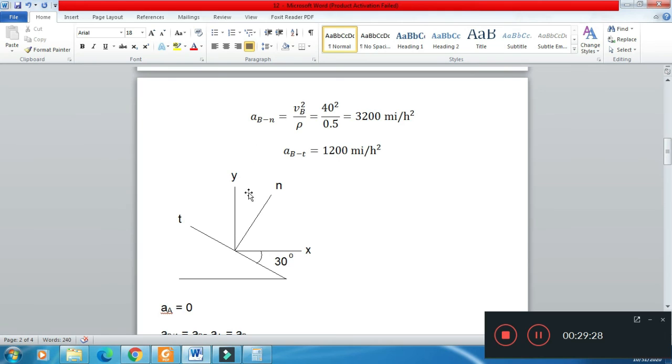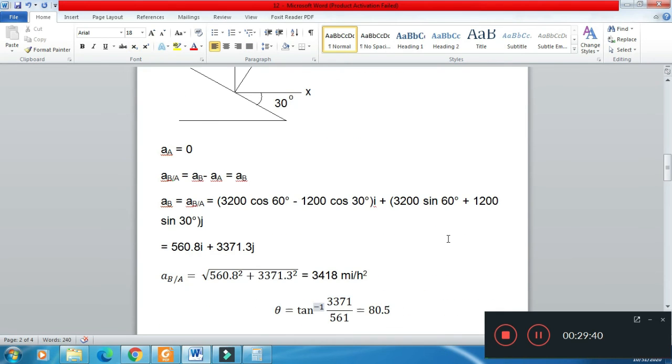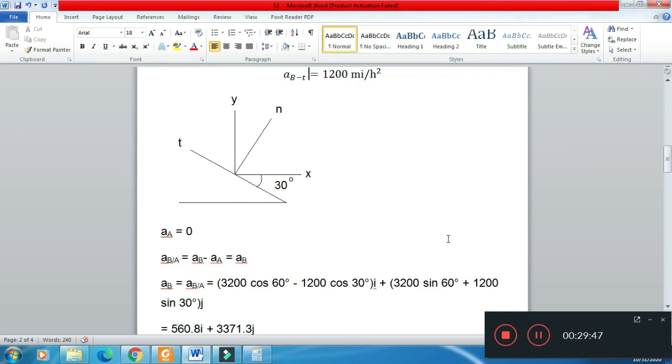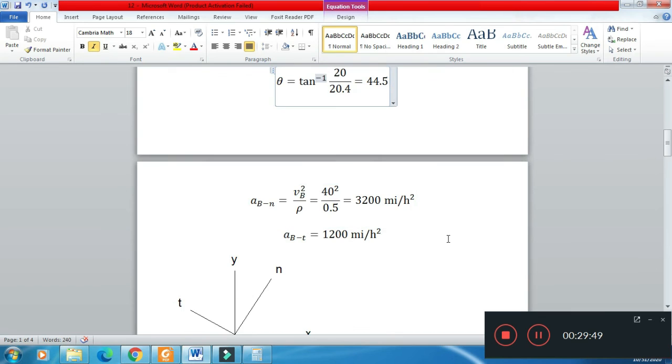If we determine the direction from x, it will be the same as determined from the x and y coordinate system. It is about 80.5, so it gives the same result. So we can use both methods, tangent and normal, or x and y.